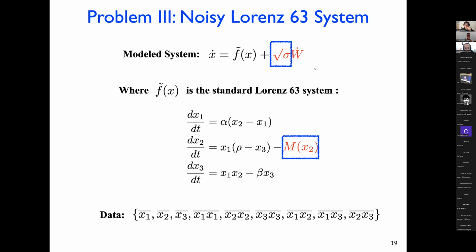For the model system, we assume that we don't know the constant diffusion coefficient, and we also don't know a linear term within the standard Lorenz 63 system. We try to learn both unknown parts by using indirect data. And in this case, we only use moments of state variables up to the second order.